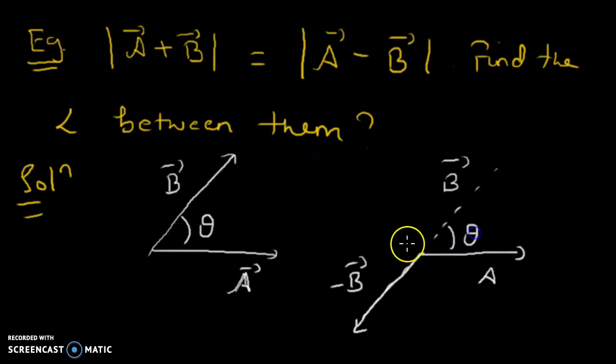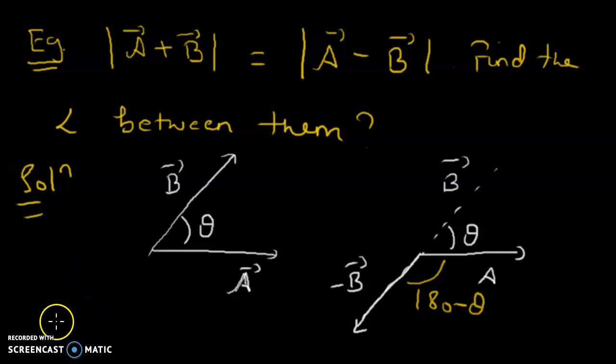So this is theta, then this would become 180 minus theta. The only thing you need to know in this case, and why I took this question here, is so that you can easily know the difference of vectors as well.